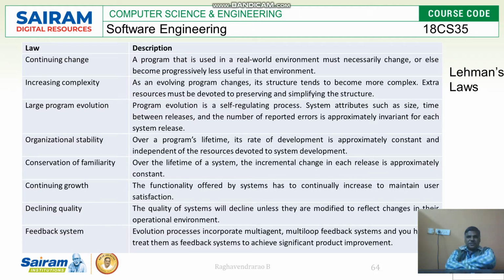The performance and reliability of the system should also be maintained. In that way the feedback system should work, and the above laws are helpful for implementing the new changes. That's what Lehman says in his laws.